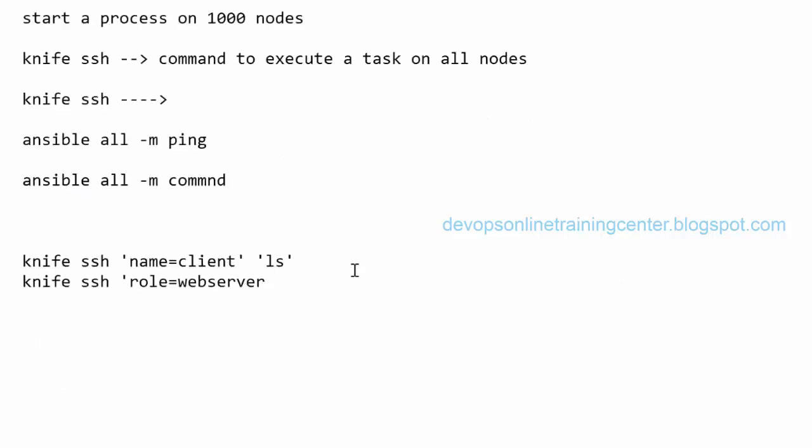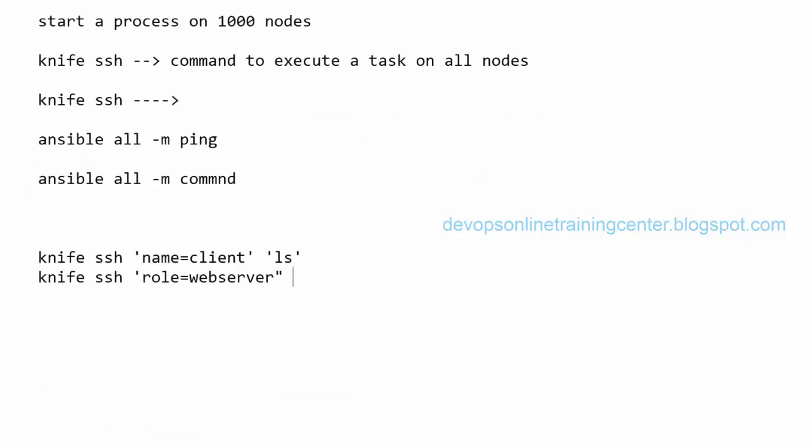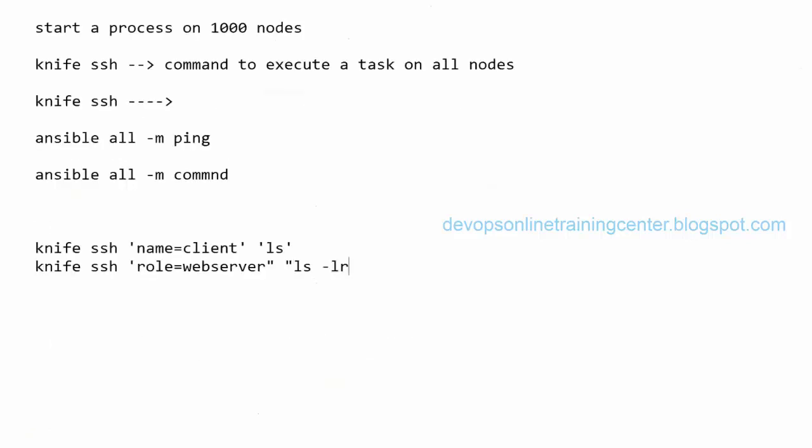When we say go and get this cookbook and execute it on the client, the client will fetch that from the server and it gets executed, right? Okay, but we haven't done that yet, because the only thing we have done is copy it from the server to the workstation. So we have done that. Yesterday I did it. If you see the document, or the notepad, I have copied the keys both from server to workstation and from server to client. Okay, that might be the missing part from me then. Okay, thanks.